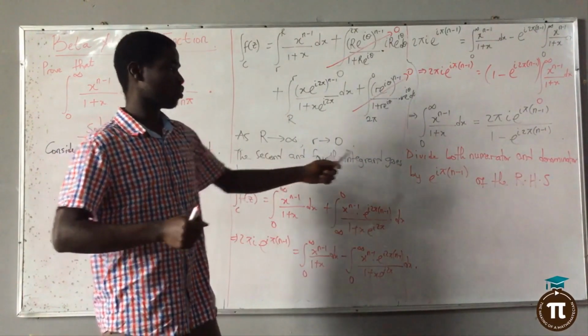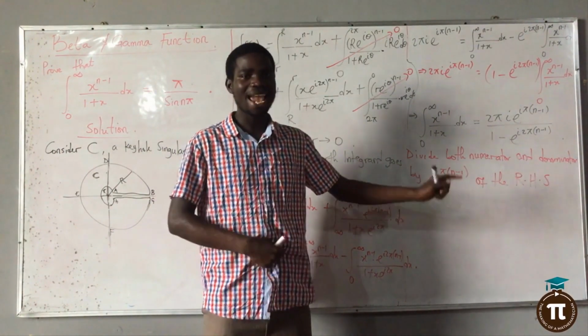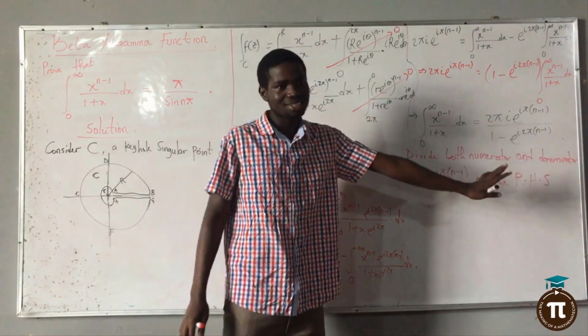So divide both numerator and denominator by e raised to the power of i pi (n minus 1) of the right hand side.